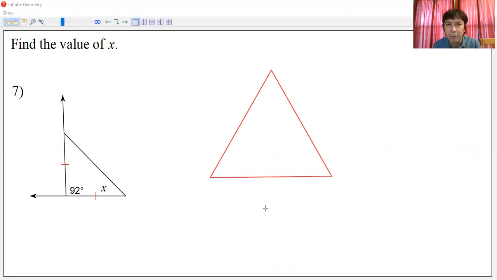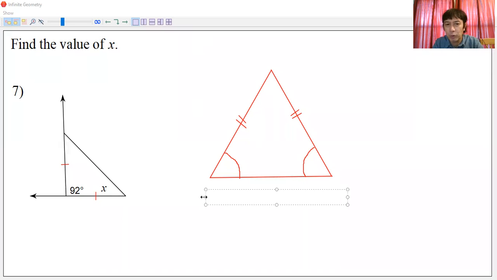And say, for example, this side is equal to this side, okay? Then the angles here called base angles, the base angles are equal, okay? So this is the definition of isosceles triangle, okay?